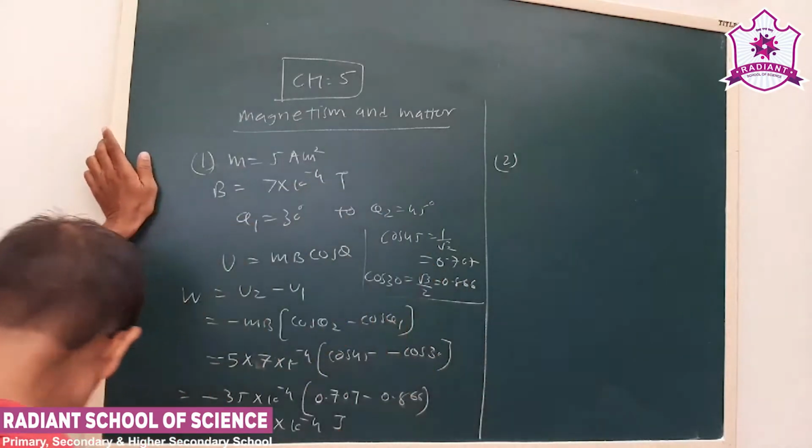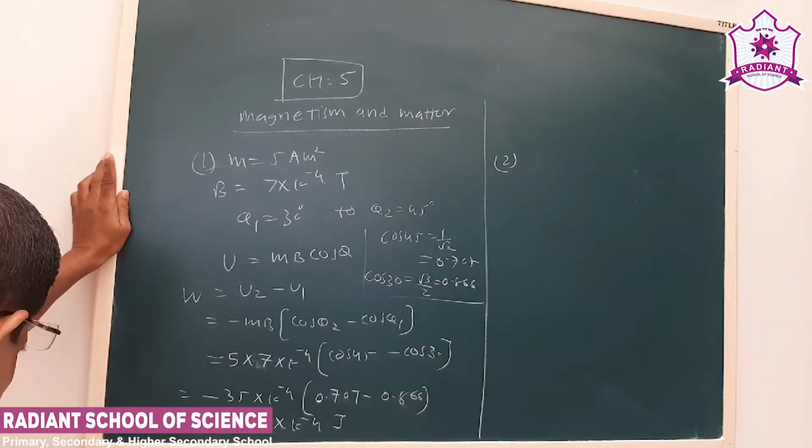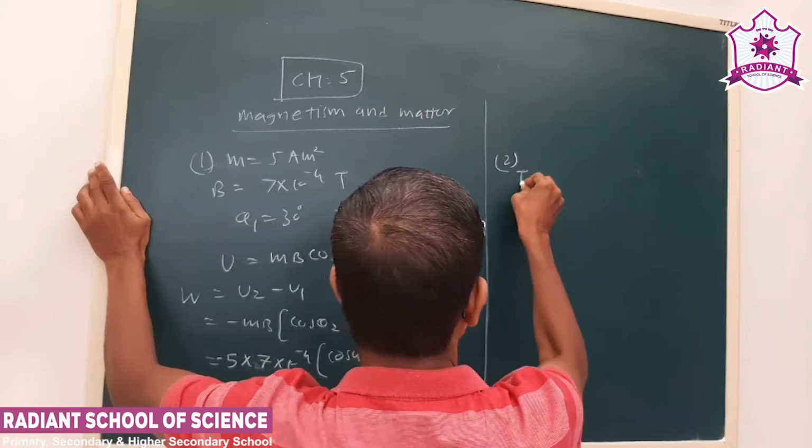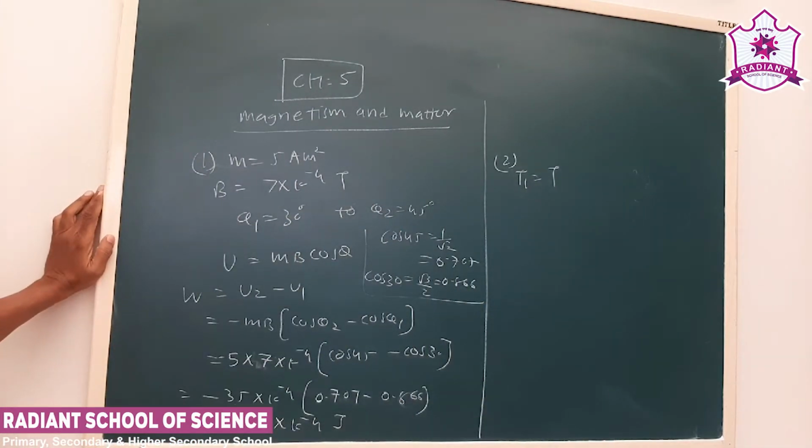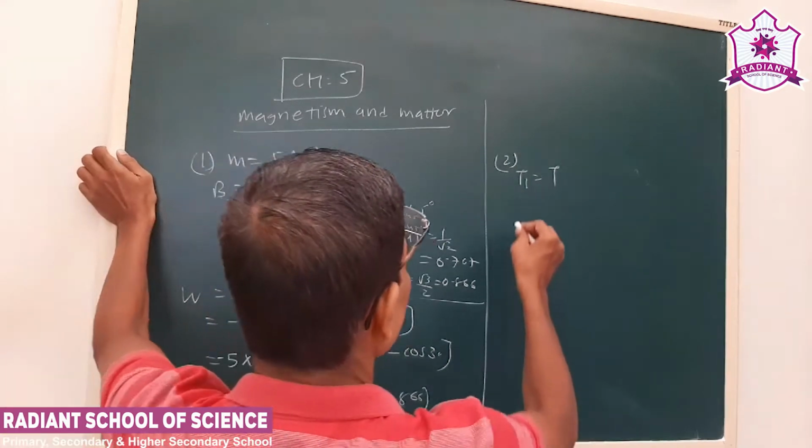See the next MCQ. A bar magnet is oscillating in the magnetic field with a periodic time T. Now a similar bar magnet with the same mass and the volume 4 times.